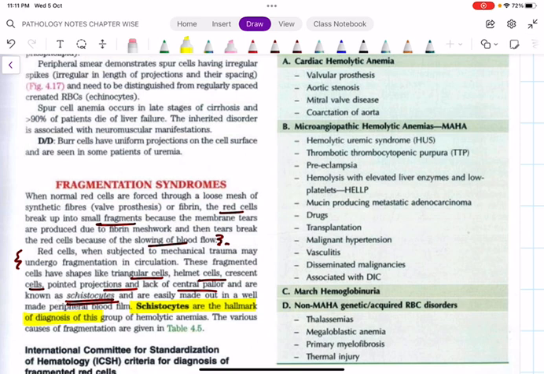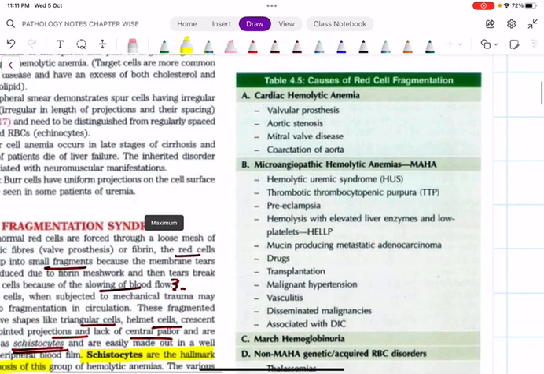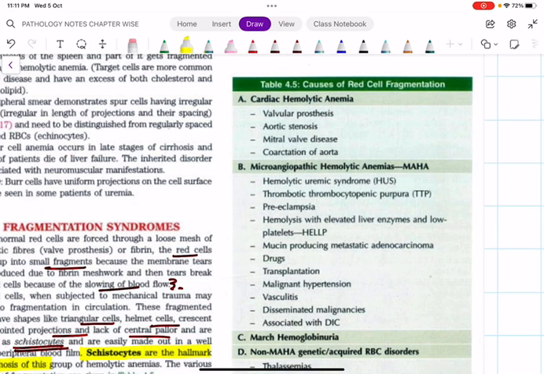What group? Fragmentation syndromes. What are the various causes? The first and most common cause is cardiac hemolytic anemia. That means a patient who has undergone some valve repair, like valvular prosthesis, mitral valve disorders, aortic stenosis, coarctation of aorta.